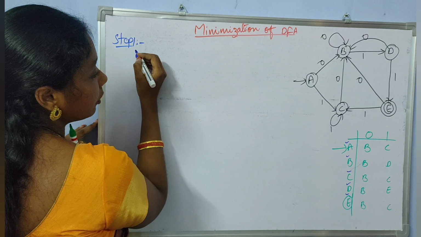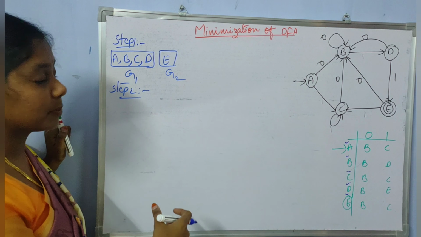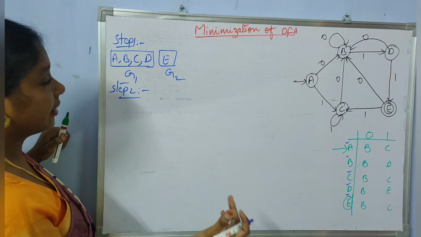First we need to check whether all the elements of group 1 are equal or not. How to check that? We need to consider the transitions of all the elements, and those transitions should lead to states which all fall into the same group. Let me explain by solving this problem so that it can be clearly understood.